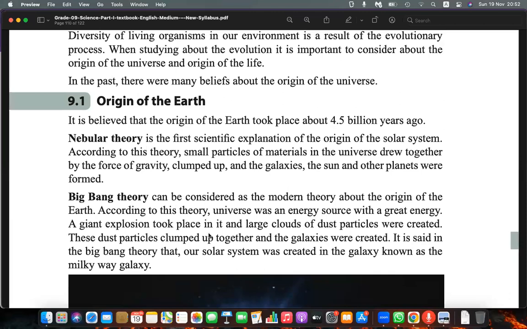Still, when you look at the sky, there are some nebulas, right? We believe that based on this nebula theory, the origin of our planet Earth, the Milky Way, all these things happened by merging things, right?